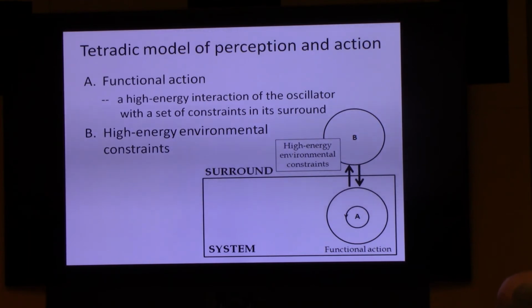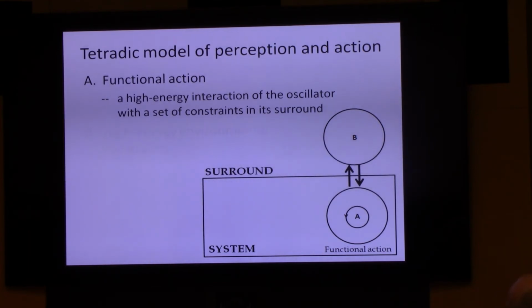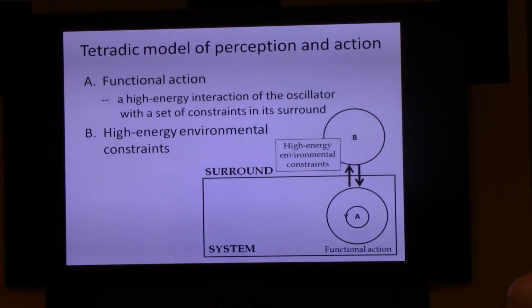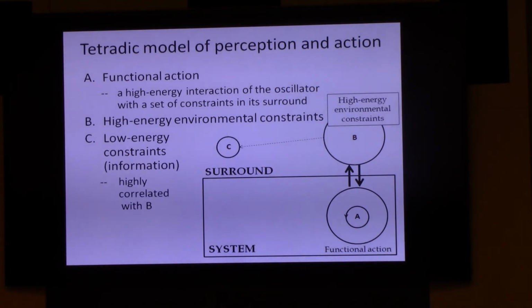Oscillator, that high energy oscillator in the environment, B. That's backwards. Okay, let's go forwards. All right, so we're adding C, which is a low energy constraint that's highly correlated with B. And this is information because of the already assumed functional relationship, or functional significance, between the organism and this environmental phenomenon.